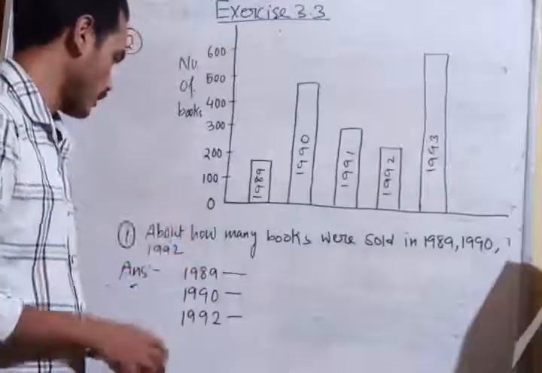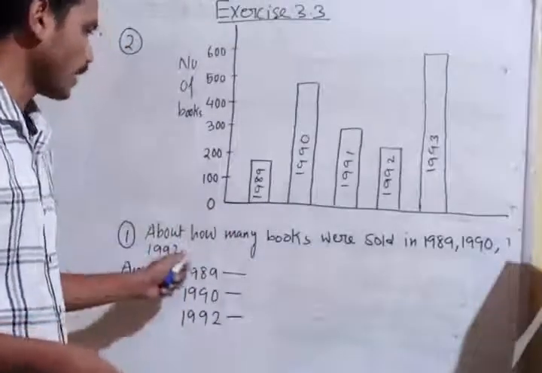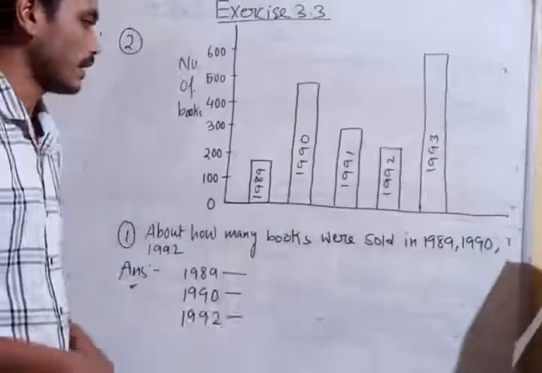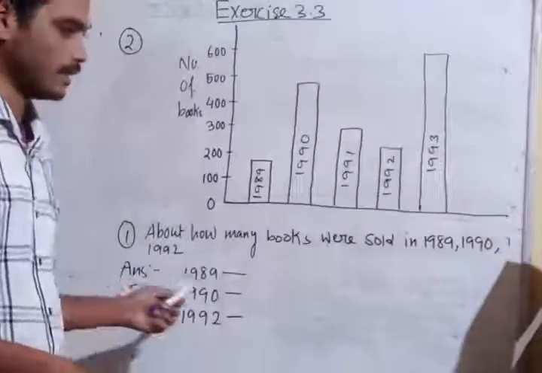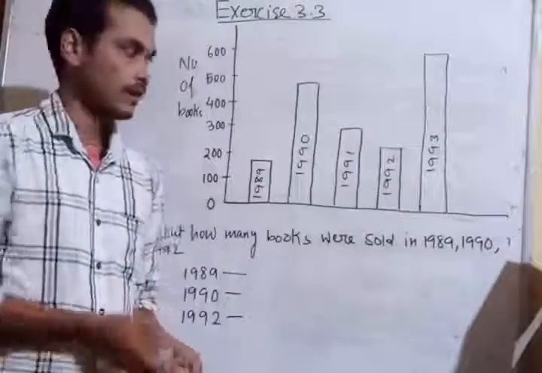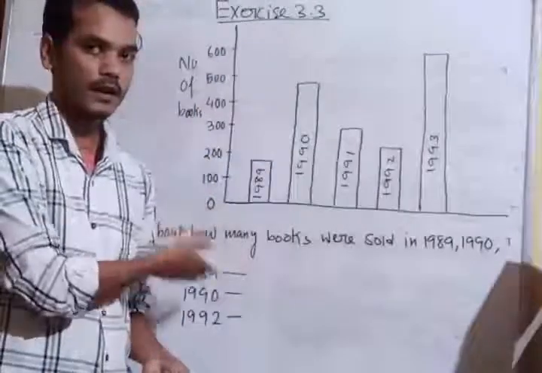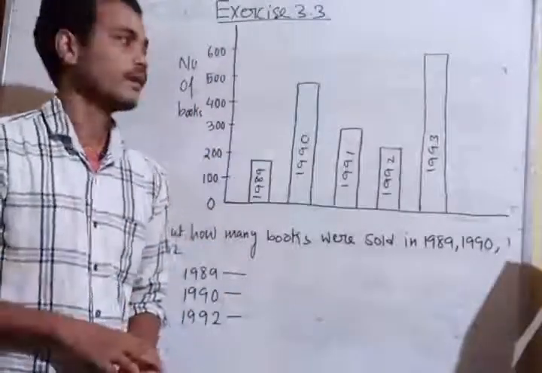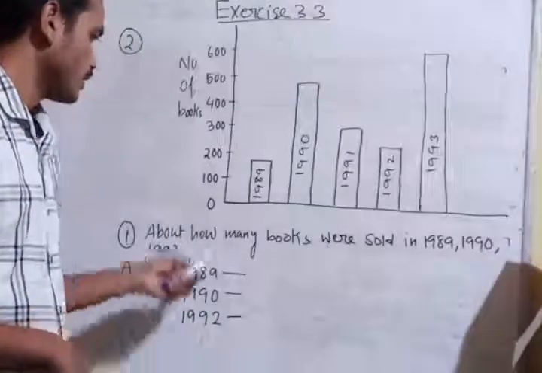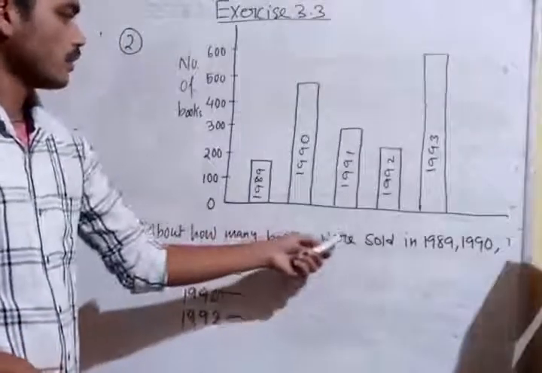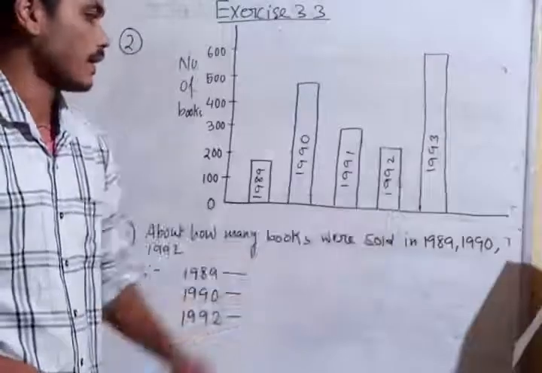So question number 1 is about how many books were sold in 1989, 1990 and 1992. After reading this bar graph, you have to answer question number 1. First, see how many books were sold in 1989.